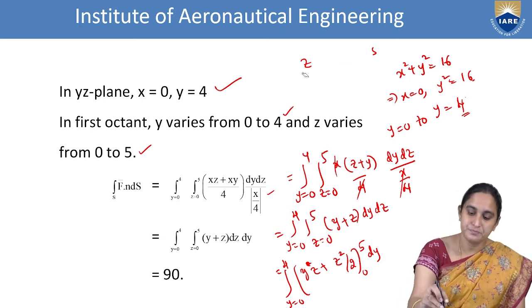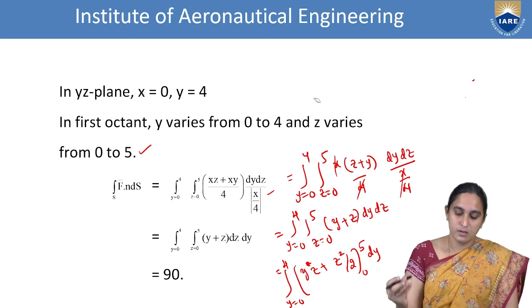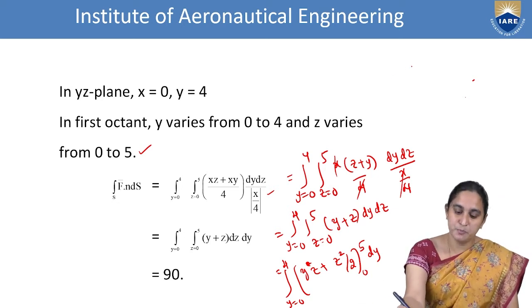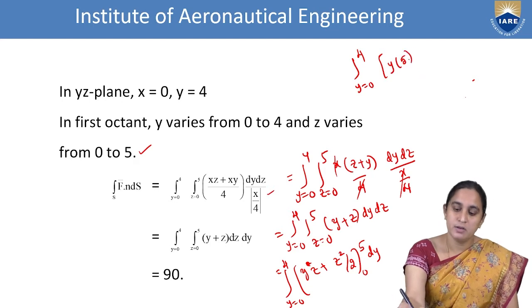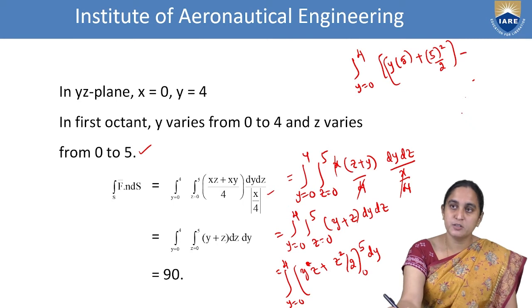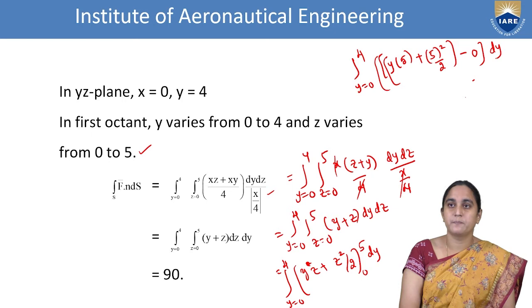Next, I'm substituting the z limit points, that is y is equal to 0 to 4, y times the z upper point 5 plus z upper point 5 square by 2, minus we are substituting the lower limit 0, that is completely 0, into dy, right?